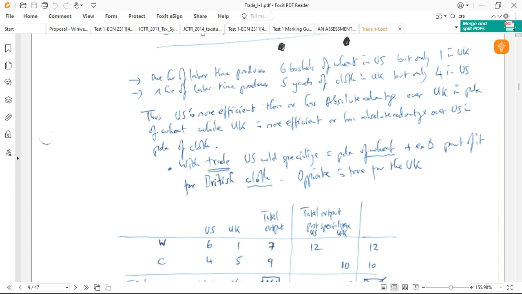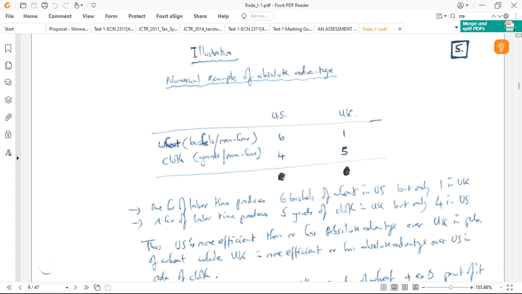Okay, so in short, what I'm saying is that with absolute advantage, we're looking at efficiency. How fast can you produce something? How much time do you take to meet your target?